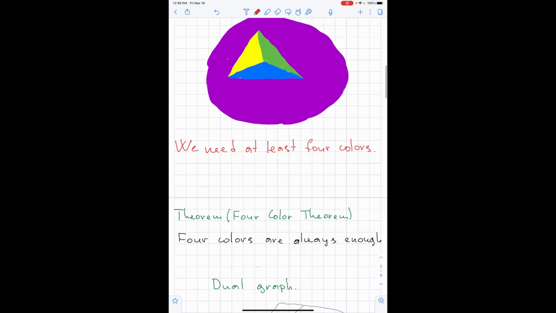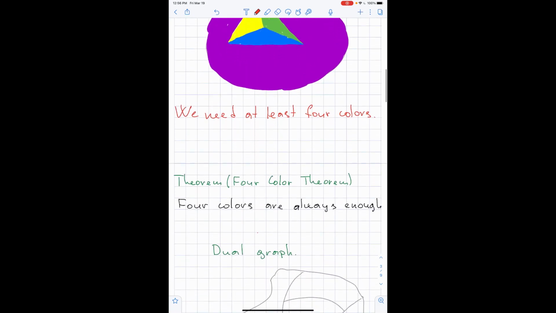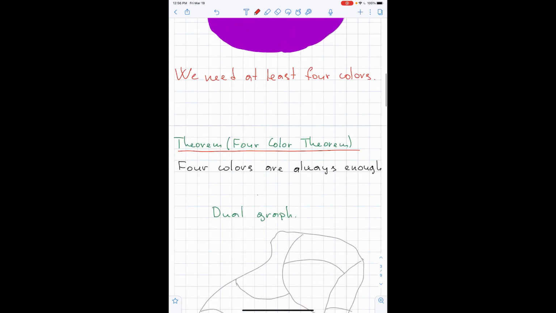And then there is a theorem called the 4-color theorem that basically says that 4 colors are always enough. However, this is a very hard theorem. And in fact, the proof requires a lot of computer computation.